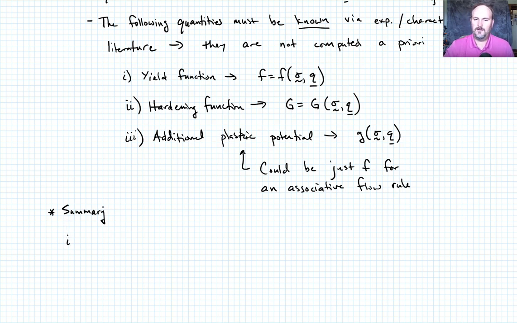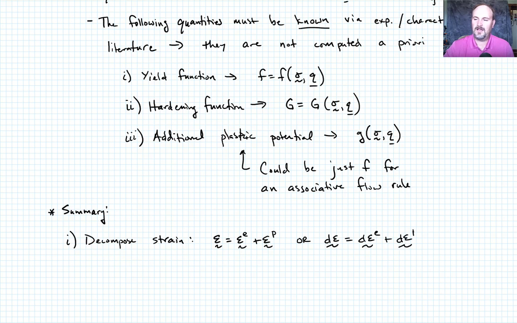Number one is that we still decompose the strain as an additive elastic plus plastic component. So the strain must be equal to the elastic strain plus the plastic strain. Or in differential form, the increment in strain is equal to the increment in the elastic component plus the increment in the plastic component.